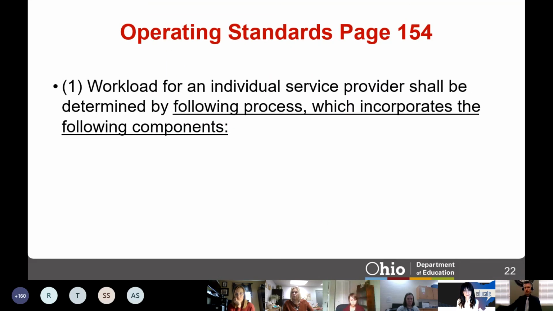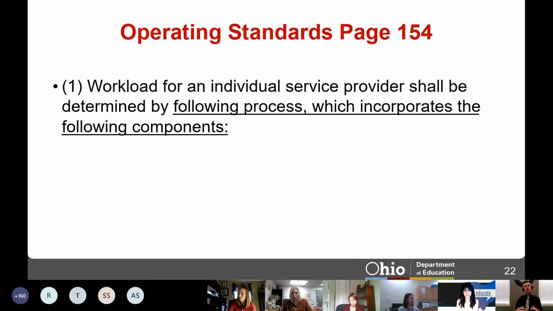So there are several components, as I talked about, but again, you see where it says following a process. So this is where the 21 districts in the caseload ratio study tried to come up with their own process. Each of the districts have the latitude to come up with their own way of doing things, but it is based off of this notion of the workload approach.